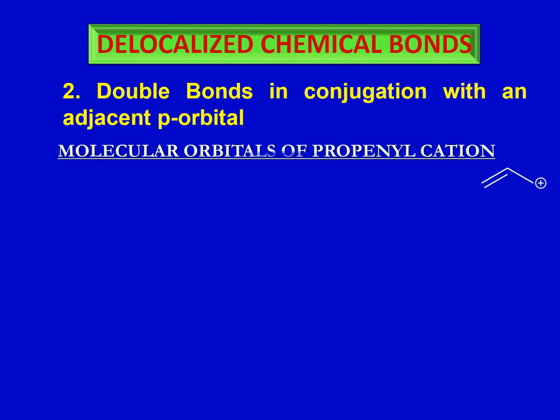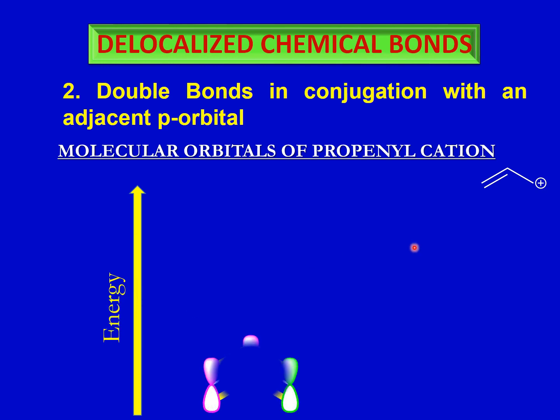So let's see them on an energy scale. First, for the propenyl cation. Remember, we have three orbitals now. The two orbitals of the double bond shown with the pink color, and one p orbital shown with the green color here. So when we have three orbitals mixing together or bonding together, as a result we would have three molecular orbitals formed.